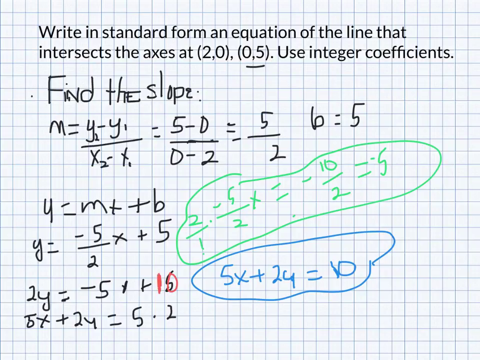That should be 10 when we multiplied this one up here by 2. And this one right here doesn't make sense, so just ignore that one. Over here is our answer. We have 5x plus 2y, because we got rid of the 5x right here, and that equals 10. And now that is in the standard form.